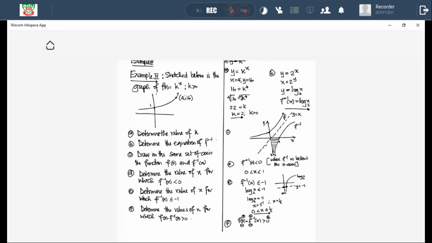Then from 0 onwards, one is above, the other one is below, up to x equal to 1. From x equal to 1 onwards, both graphs are above the x-axis. So that interval becomes x greater than 1.